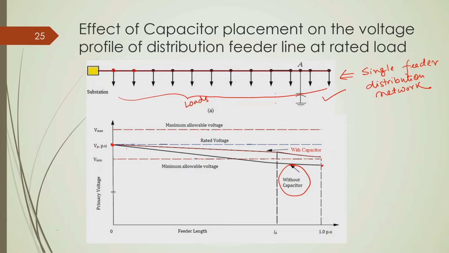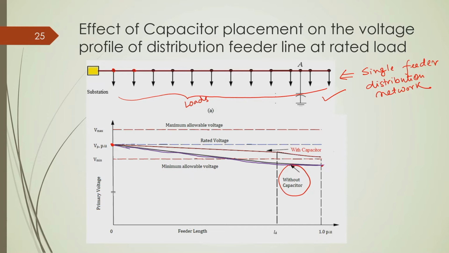So, starting from the substation, voltage will gradually fall. How it will fall, it may be linear or non-linear or whatever, depends upon the types of load and how they are located, whether they are uniformly distributed or some amount is lumped.